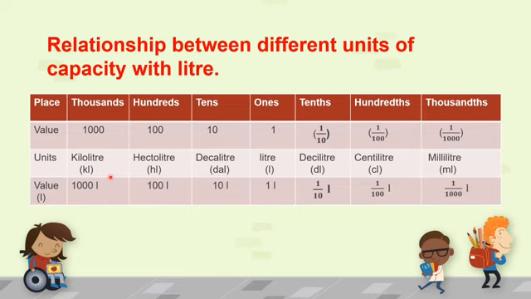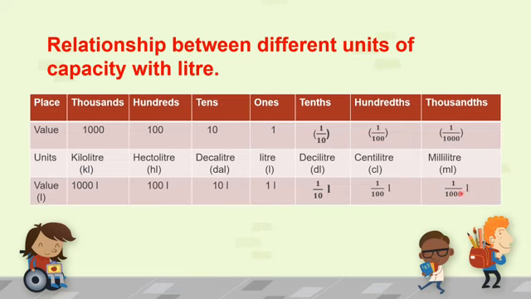And so will be the place value: one's place, so 1 liter, then 10 liters, 100 liters, and then 1000 liters. And so will be your place values for the less than liter places: 1 by 10th liter, 1 by 100th liter, 1 by 1000th liter.